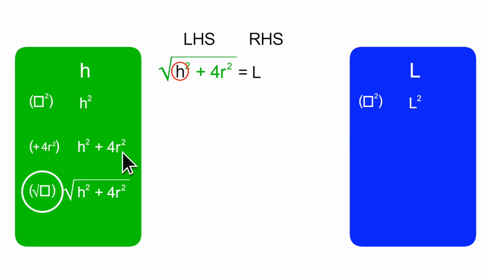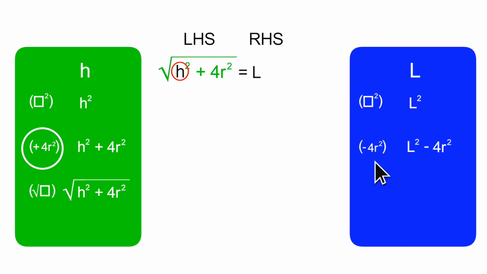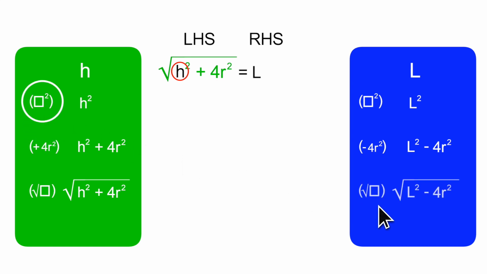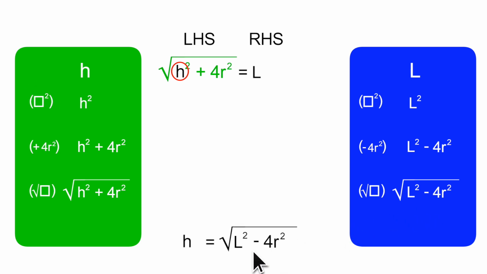Next, we're going to do the opposite of add 4r squared, which is subtract 4r squared. So we now have L squared subtract 4r squared. And finally, we do the opposite of squaring, which is finding the square root of both sides. So we end up with the square root of L squared subtract 4r squared. And there is our formula rewritten with h as the subject.